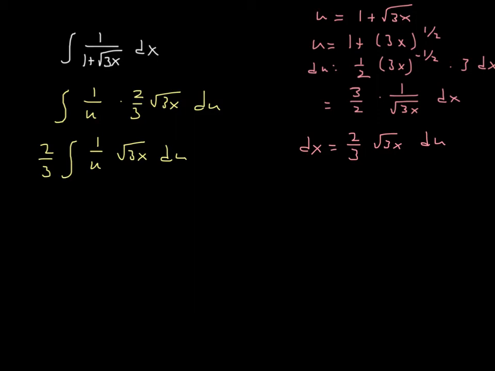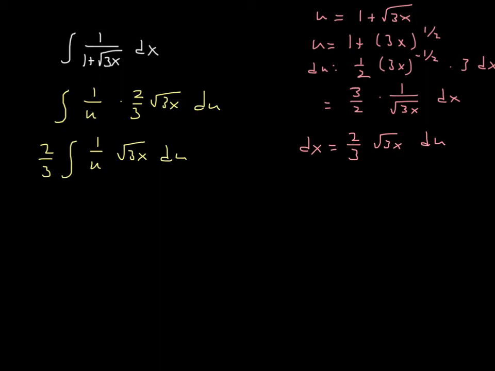So that means I'm going to have to multiply both sides by 2/3 and the square root of 3x. And so what I get when I do that is dx equals 2/3 times the square root of 3x du. And now making that substitution, I have the integral of 1 over u times 2/3 times the square root of 3x du.